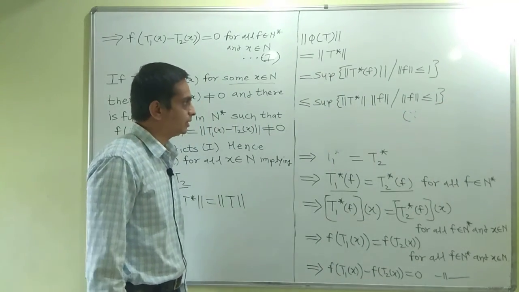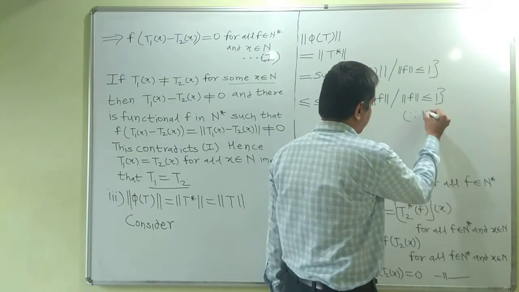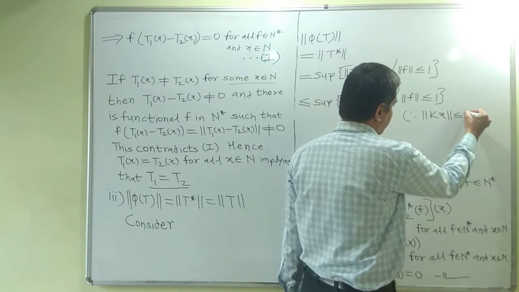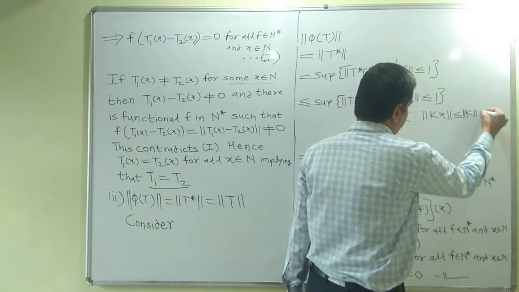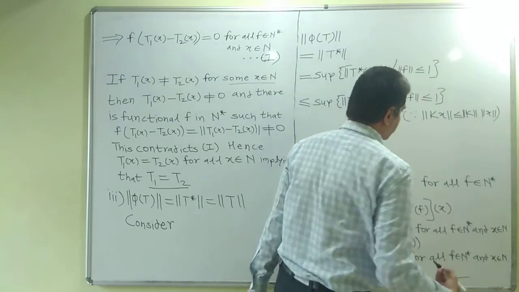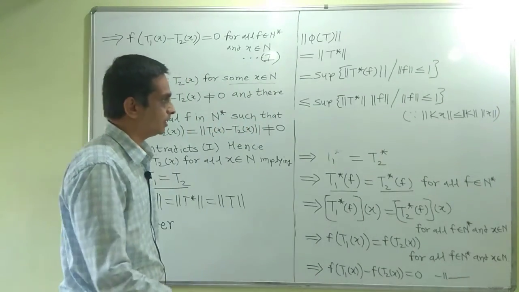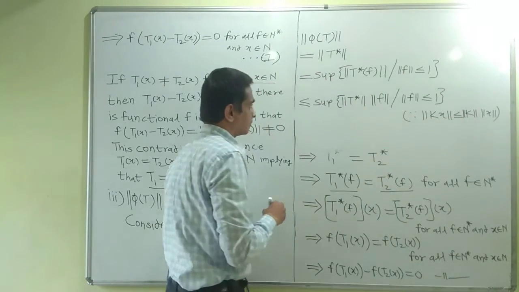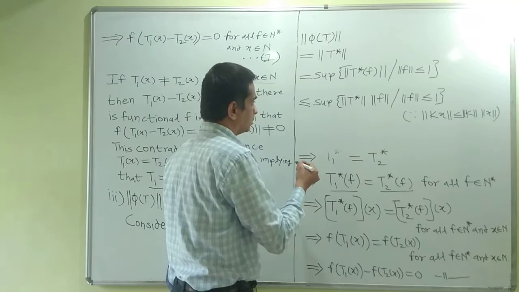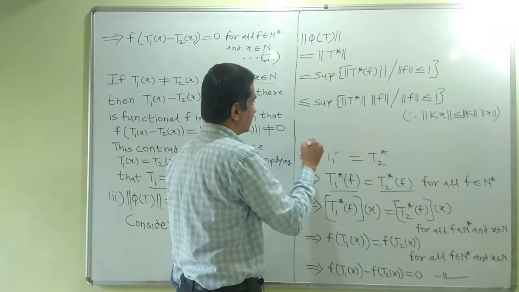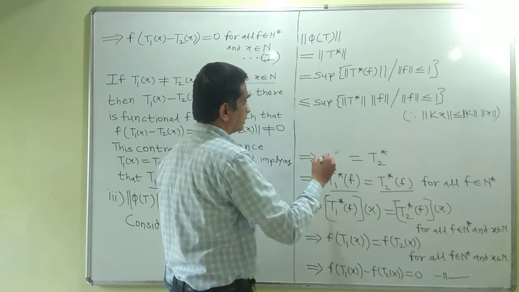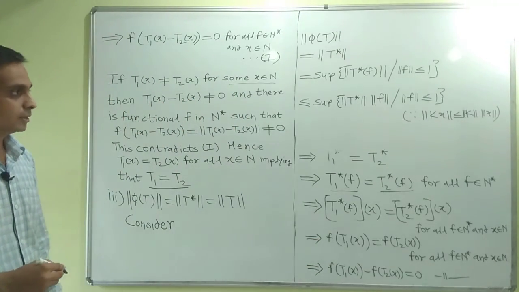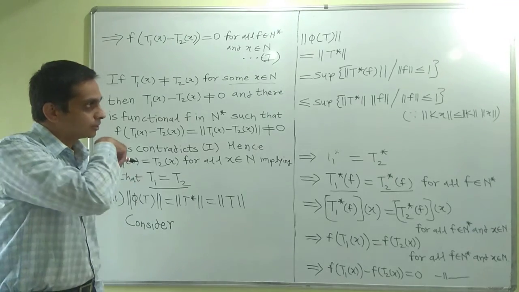We often use the result that norm of Kx is always less than or equal to norm K into norm x. Here K means T star and x means f. So norm of T star I can now take outside.